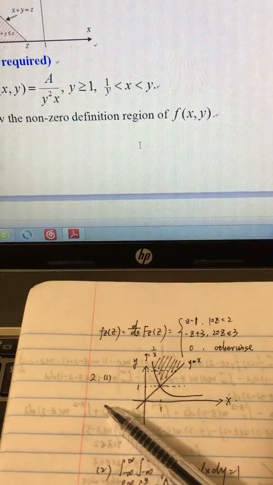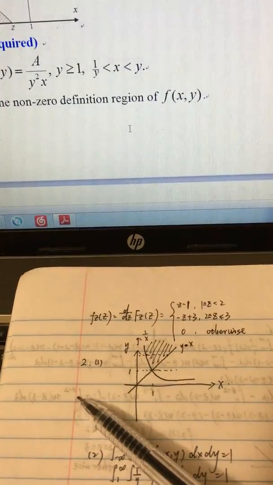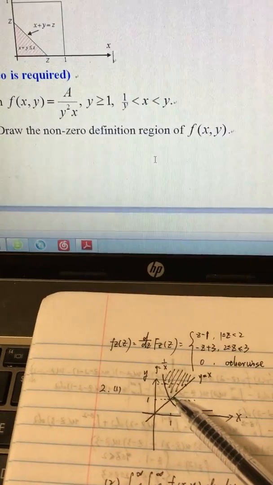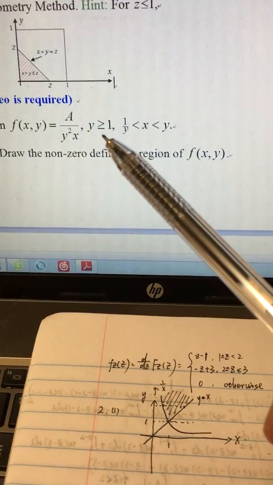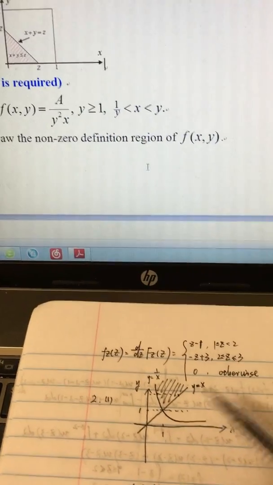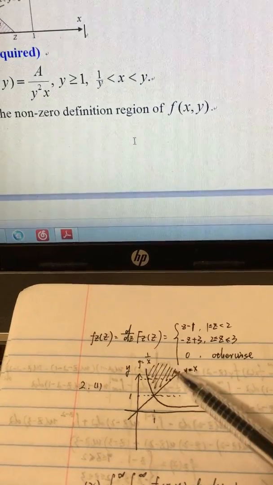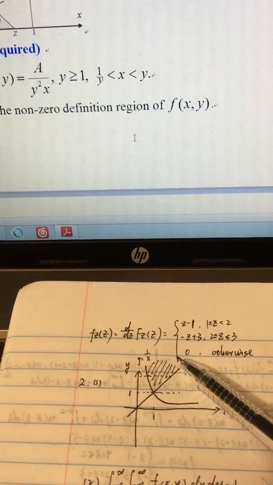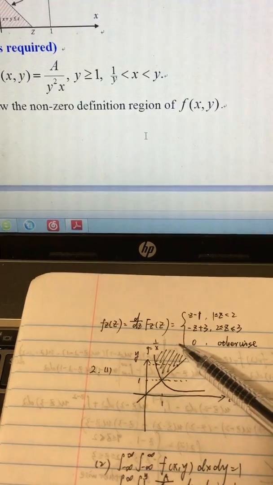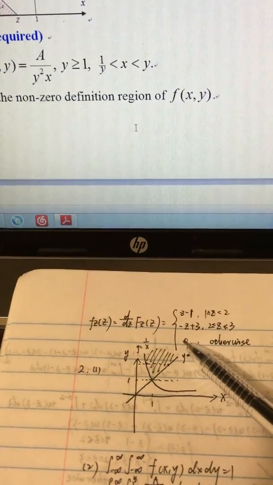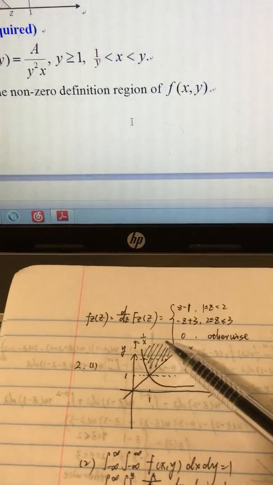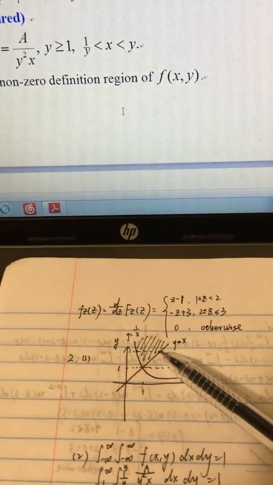It has another part in the third quadrant, but we should notice that y is greater than 1. So for y greater than 1, we only have this part. So the common part, the non-zero region of the density function f(x,y), is the shaded area.